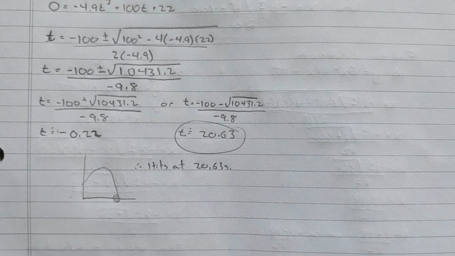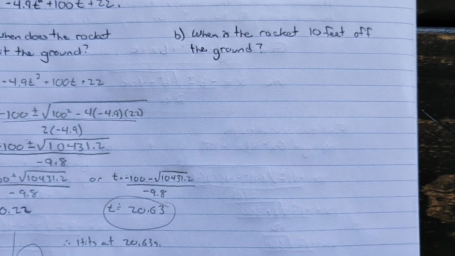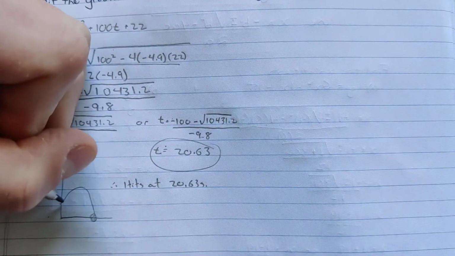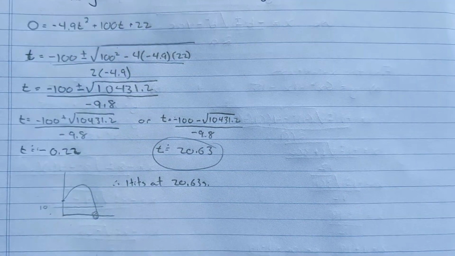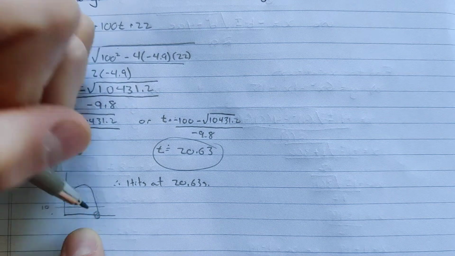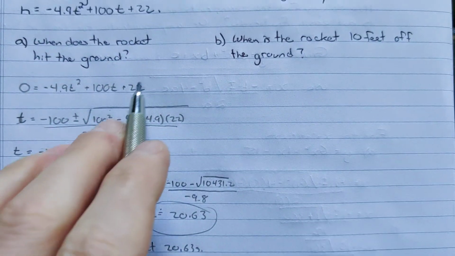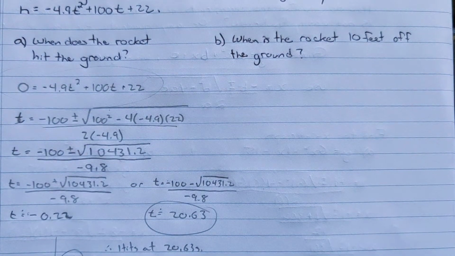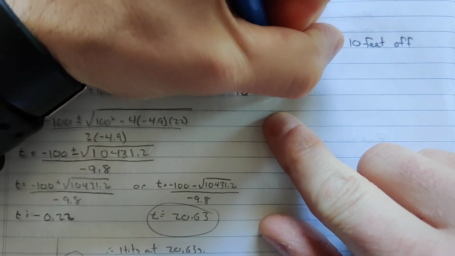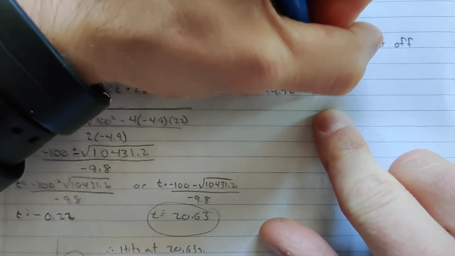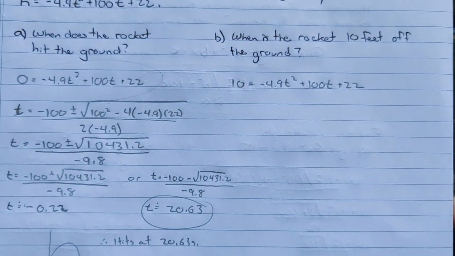All right, now the second part of this question had asked, when is the rocket 10 feet off the ground? Well, looking back at our graph here, you've got 22 here. Somewhere down here is going to be 10 feet. So what we can do is set it up similar to this. When the rocket's 10 feet off the ground, h is going to be 10.